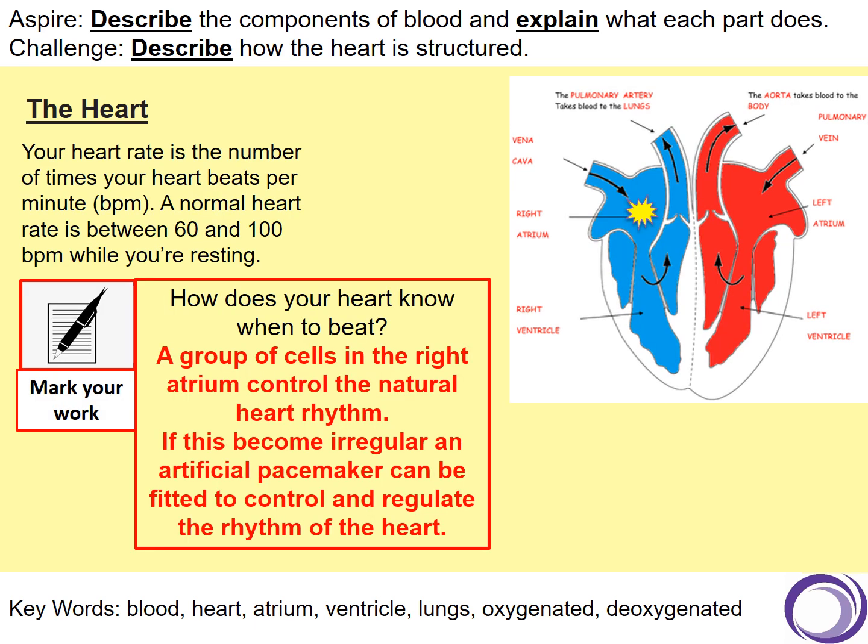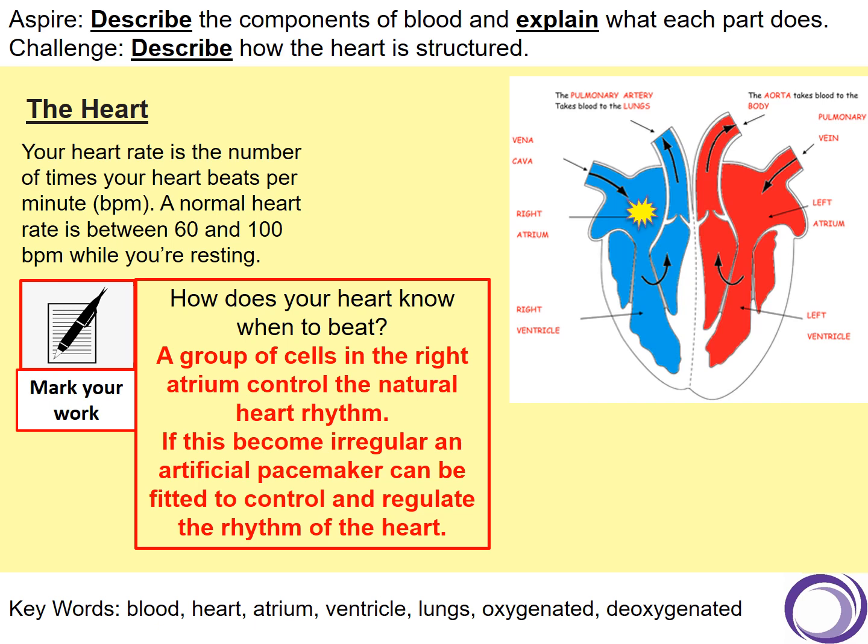So the answer to the question, how does your heart know when to beat? In your heart, you have a group of cells that are located in the right atrium. That is shown as a yellow star on the diagram, and that controls the natural rhythm of the heart.